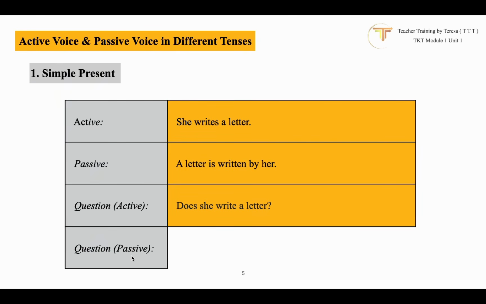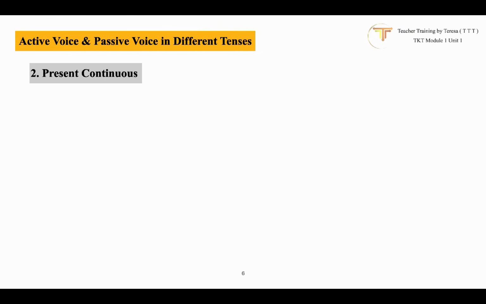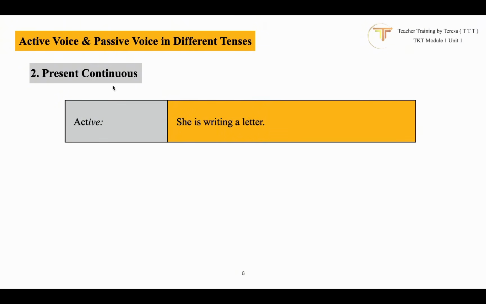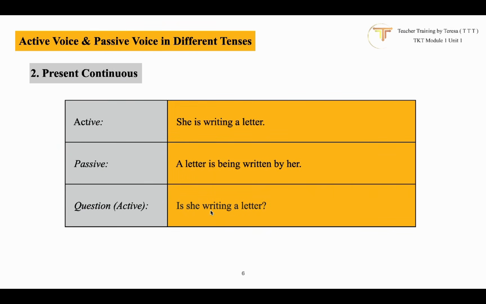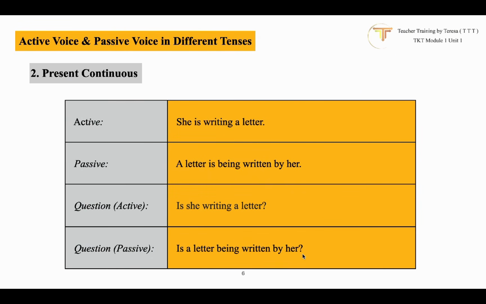Question, passive: Is a letter written by her? 2. Present continuous. She is writing a letter. A letter is being written by her. Is she writing a letter? Is a letter being written by her?